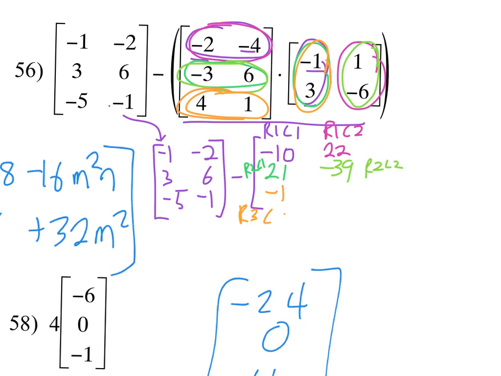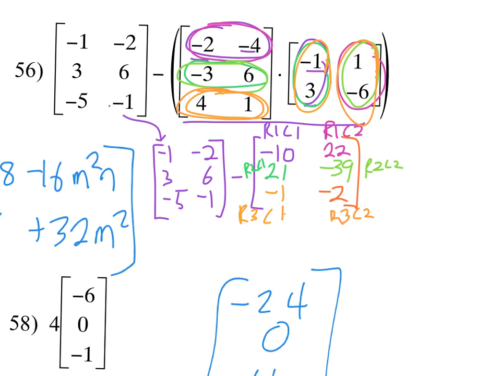And then for the last time we get, it looks like the same color. It wasn't meant to be. That's okay. 4 times 1 is going to be 4, and 1 times negative 6 is negative 6. This is row 3, column 2. And when I do that out, we get 4 plus negative 6 is going to be negative 2. Now it's a different color.